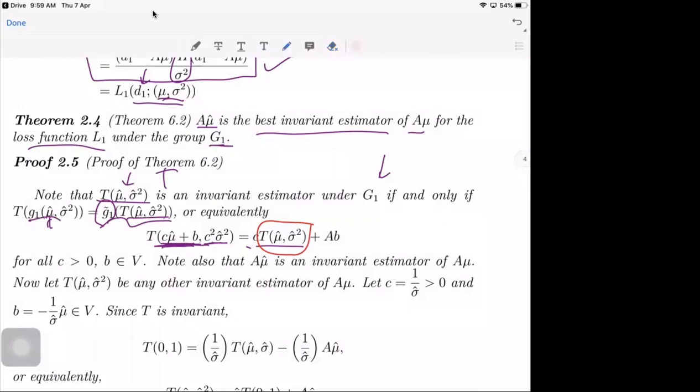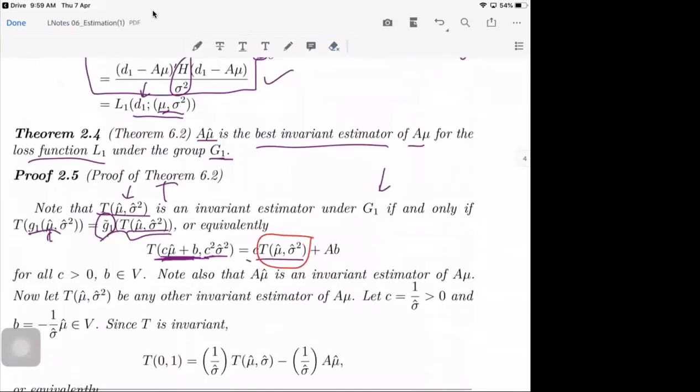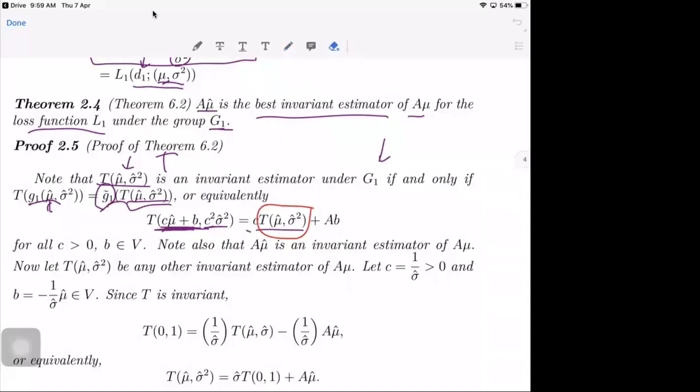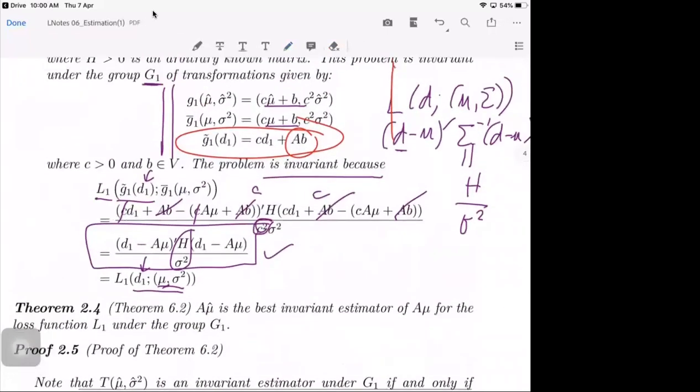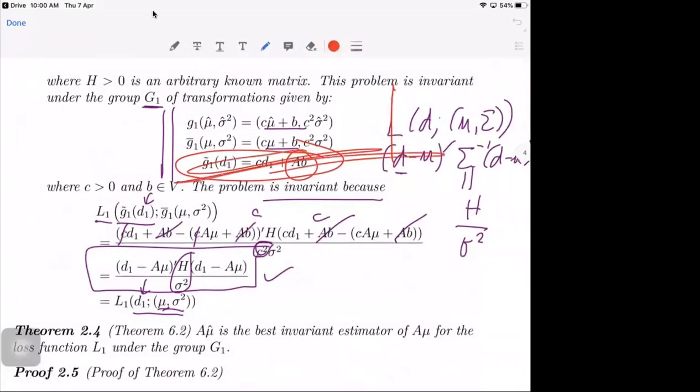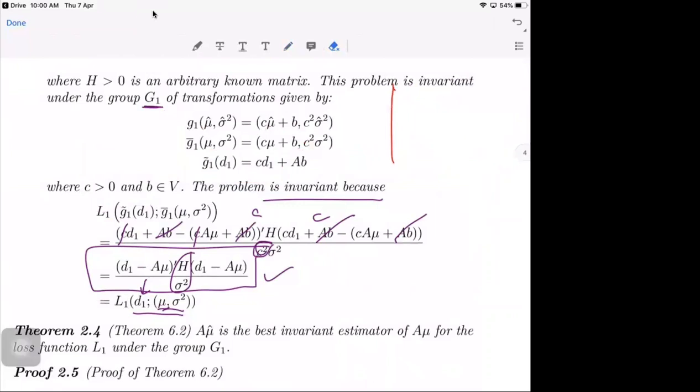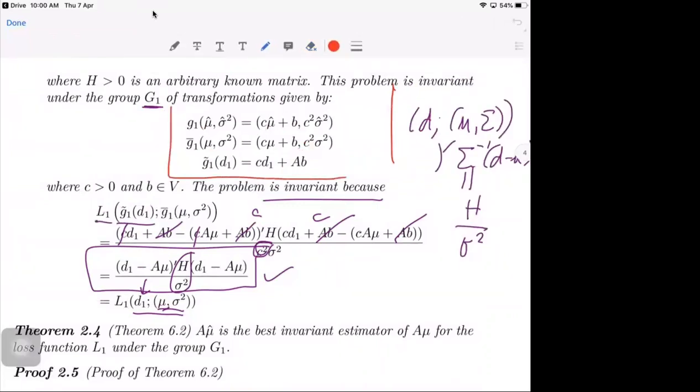So in this example, your group of transformation is this one. Okay, this is G1. So, erase. Okay, this is your group of transformation.